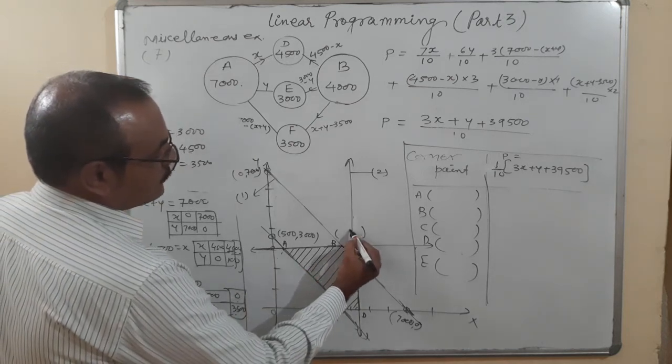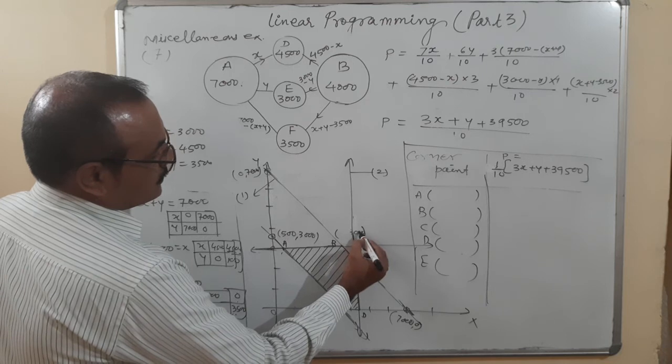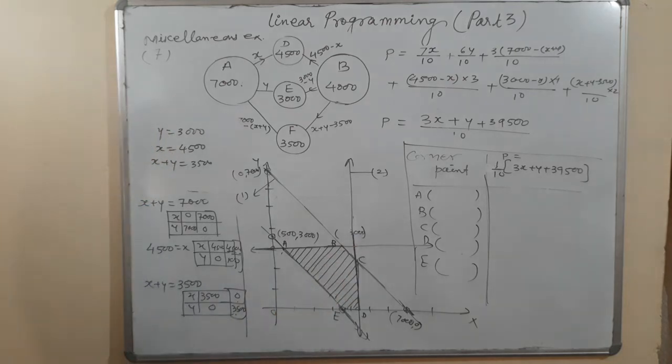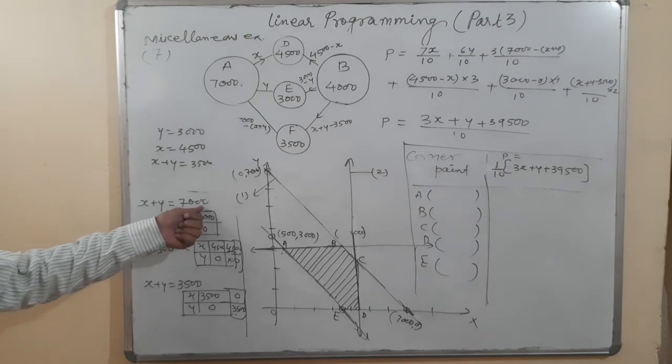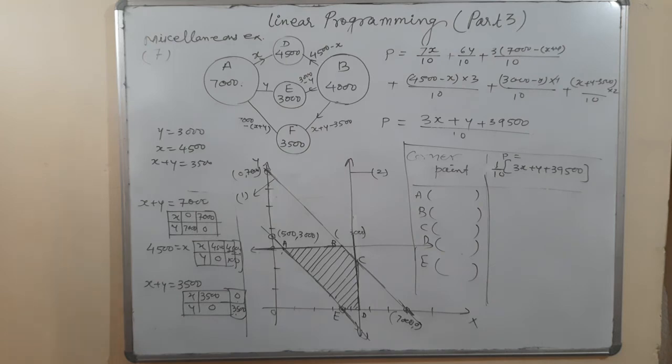Three thousand is confirmed, and because x plus y is equal to 7000, definitely it is coming here, 4000.